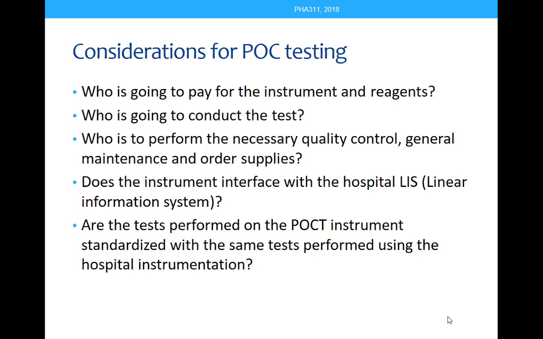There are many questions: who is going to pay for the instruments and reagents, who is going to conduct the test, who is to perform the necessary quality control, does the instrument interface with the hospital LIS, so it can communicate the data to the central data in the hospital, or is it something printed that you have to go and enter into the system. So these are some considerations that you have to take.